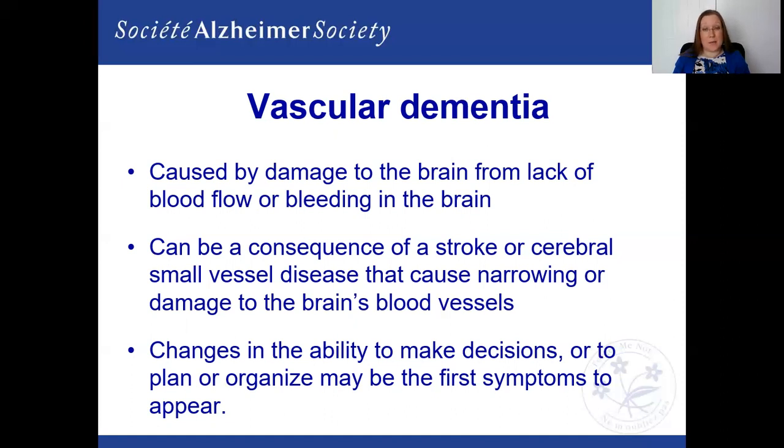So as time goes on, it's not uncommon for a doctor or specialist to identify a second diagnosis and then to refer to it as that mixed type of dementia. And understanding mixed dementia is really important because the combination of those two diseases may have a greater impact on the brain than one all on its own.